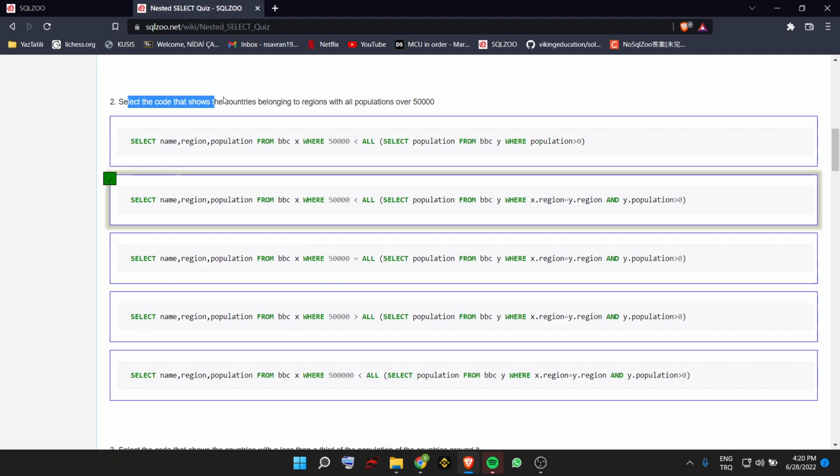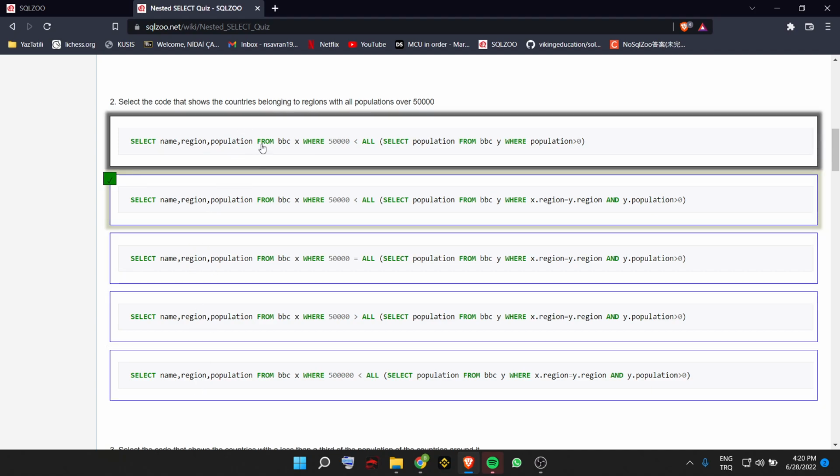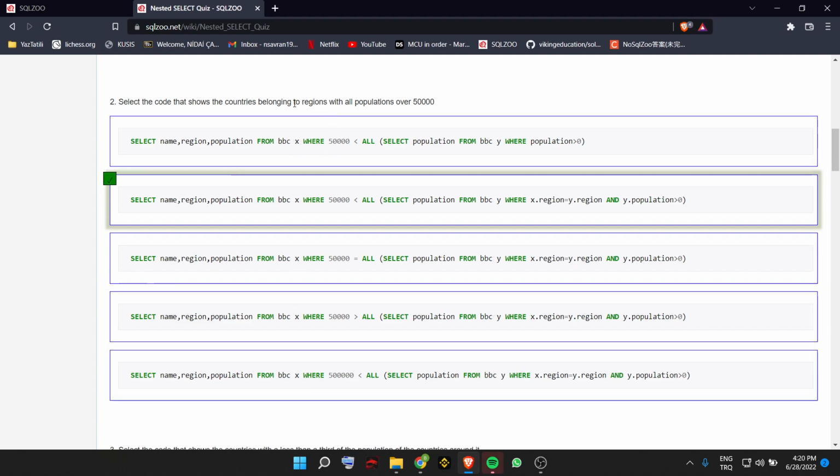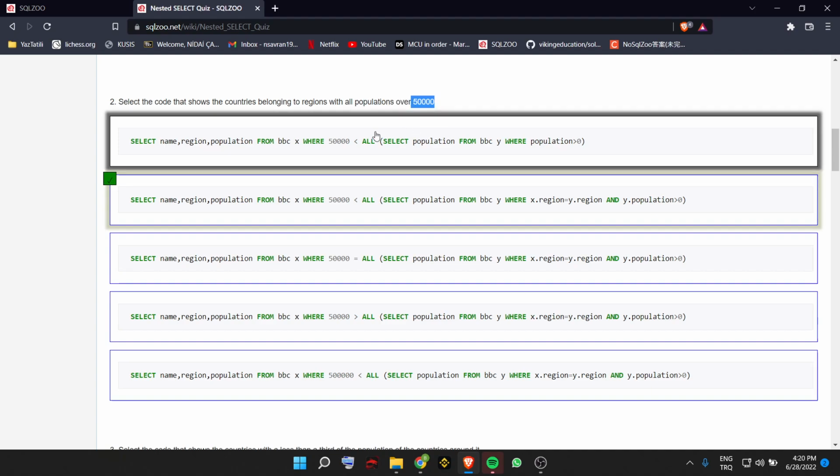Select the code that shows the countries belonging to regions with all populations over 50,000. Let's see. All selects are correct. All give name to BBC. With all populations over 50,000, so all populations should be bigger than 50,000.